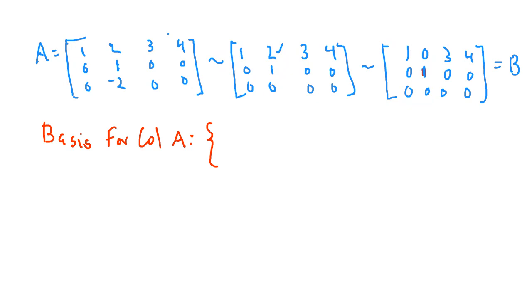Because matrix B is in echelon form or reduced echelon form, it's easy to tell us what the pivot columns are. That's right, Mikhail. And so what are the pivot columns? Which columns are pivot columns in matrix B? Is it the first and third column, the second and third column? That's right, Bella. That's right, Marcella. Very good. It's going to be the first column, and the second column.